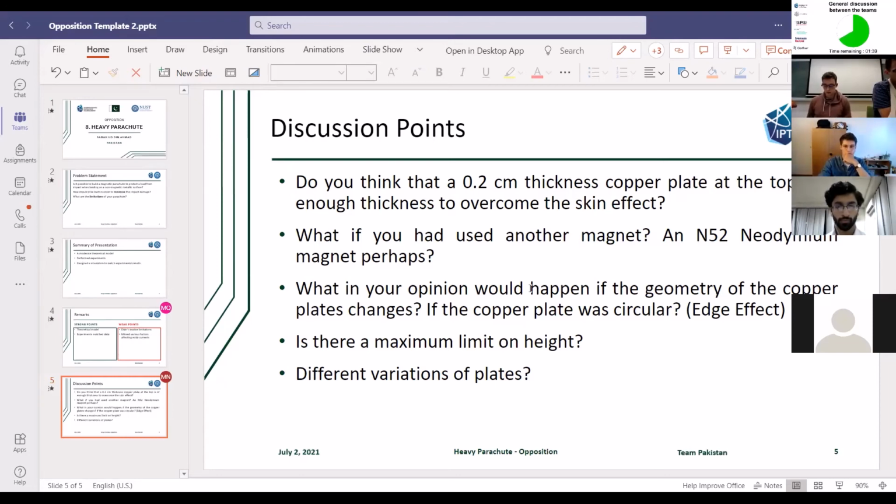But because we try to show the best possible version of such a parachute to test if it is even possible or even practical, we decided to only focus on a plate that's much bigger than the magnet. Right. Okay. I guess that could be another improvement which can be tested further with experiments.